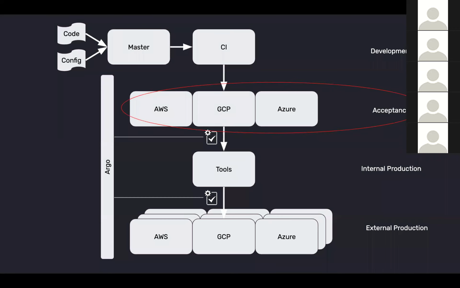Okay, so this circle here is to remind me to talk a little bit about acceptance. We're discussing internally whether this phase helps us or harms us. And in fact, if you look at a lot of the DevOps literature, people out there say just go straight to production.